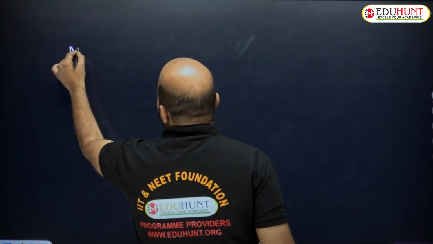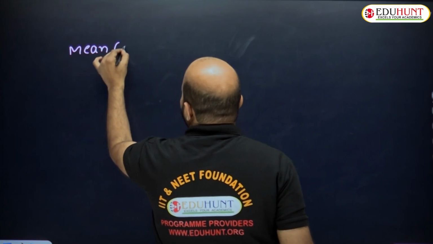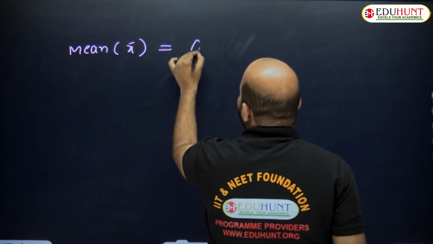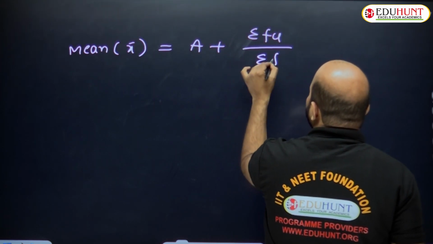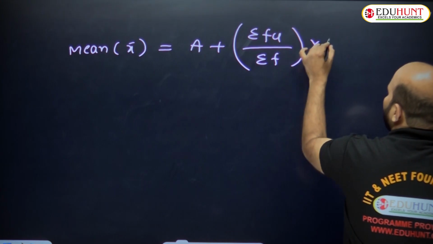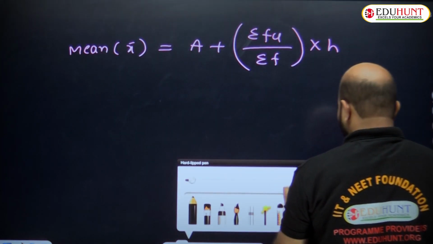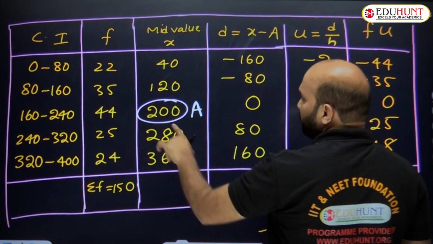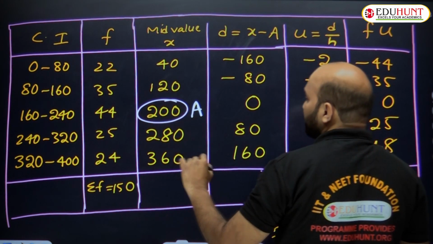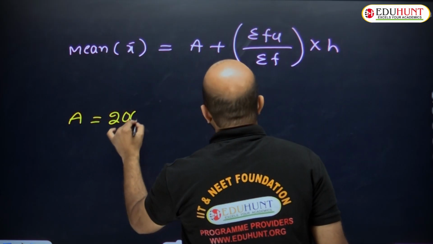What is the formula? By using the step deviation method, mean x bar equals a plus sigma fu by sigma f into h. So clearly we need to understand, the a value is nothing but the assumed mean, already taken from the mid values, 200. Here a equals 200.